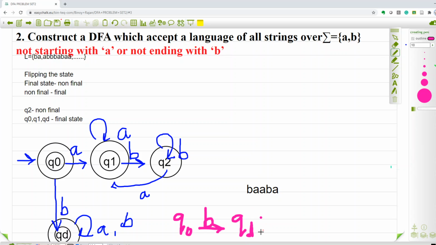With QD, A as input symbol, I reached QD.